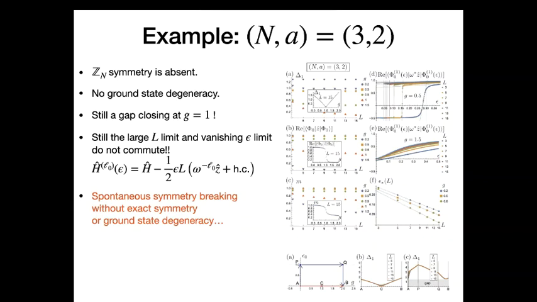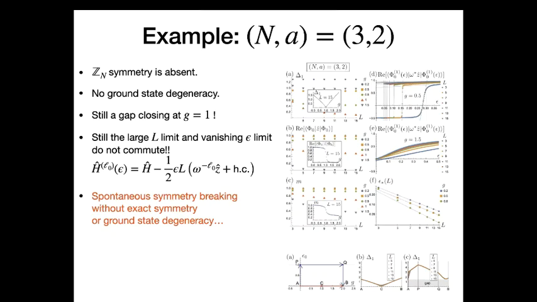It has a gap, and the gap closes at G equal 1. So this is a critical point, but on both sides you have a unique ground state.